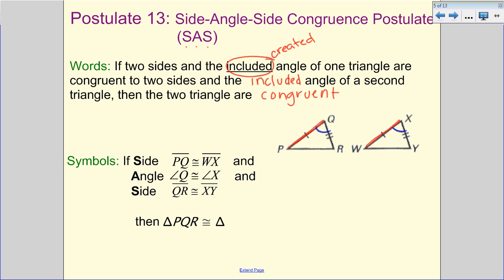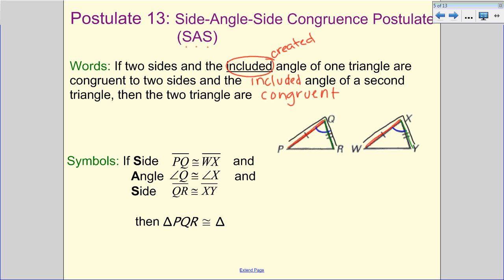So I went from side to angle, and then QR is congruent to XY because they both have two congruency symbols. So I'm able to follow the path of congruent side, congruent angle, congruent side. I hit all my congruent corresponding parts with one smooth movement of my pen. I know that I've just used side angle side.